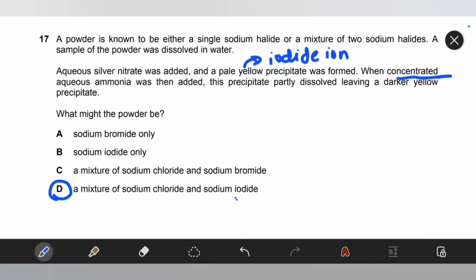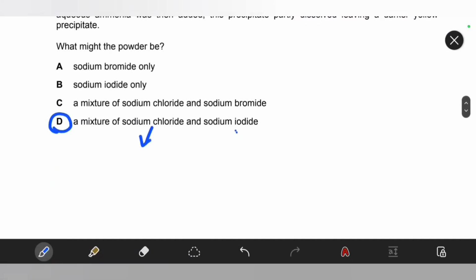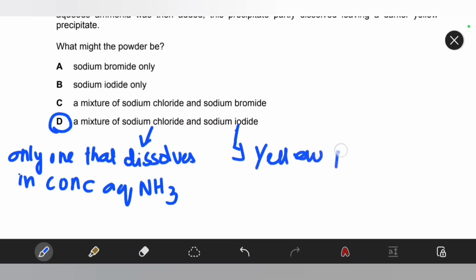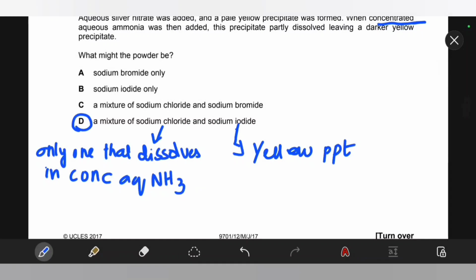Because a yellow PPT was formed. These are both the indications.